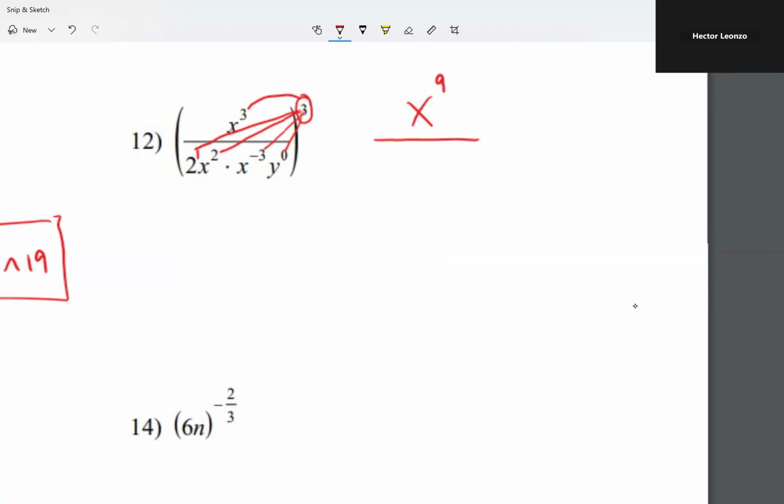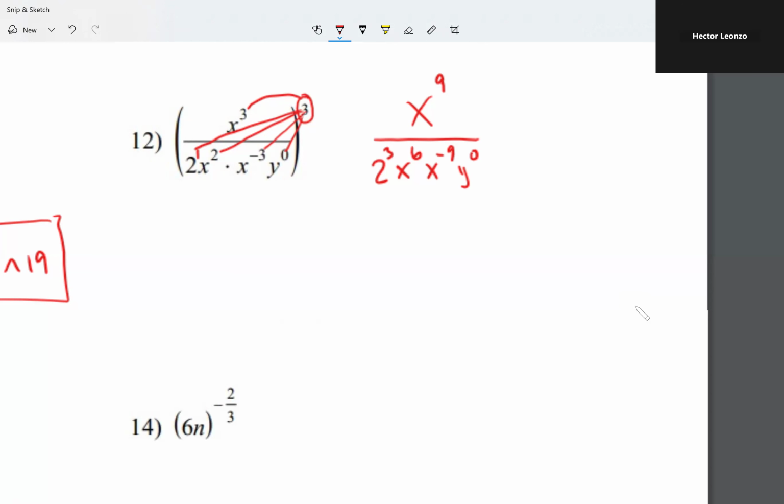Remember, all I'm doing is multiplying the 3 on the outside to the exponents on the inside. So x to the 9th over 2 to the 3rd, x to the 6th, x to the negative 9, and y to the 0. I multiplied the exponent on the outside to all the exponents on the inside.